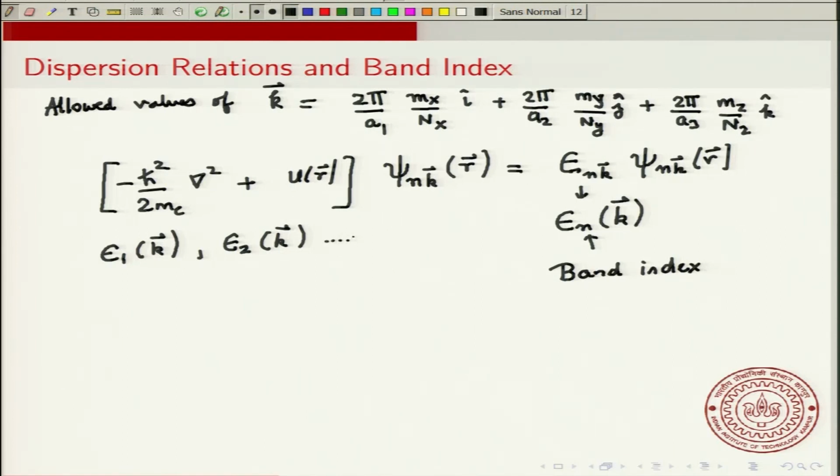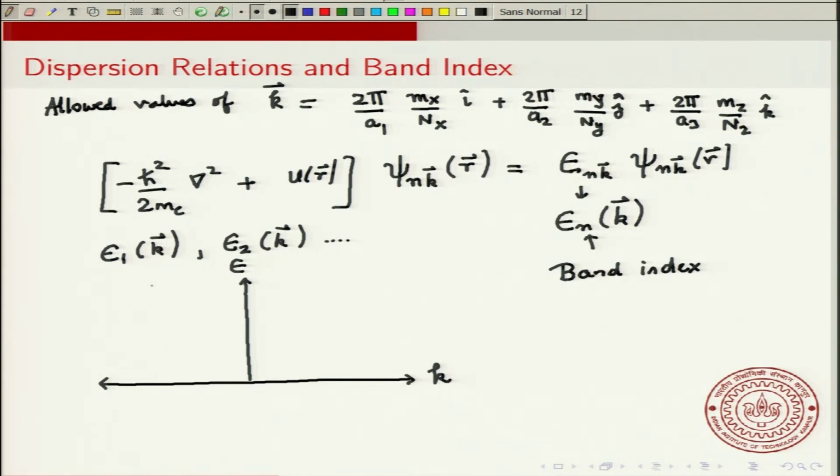And now suppose I make a plot of epsilon versus k.